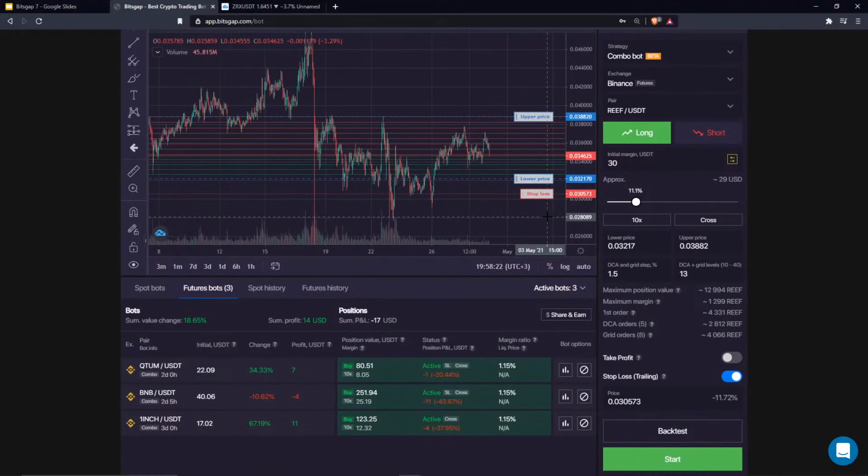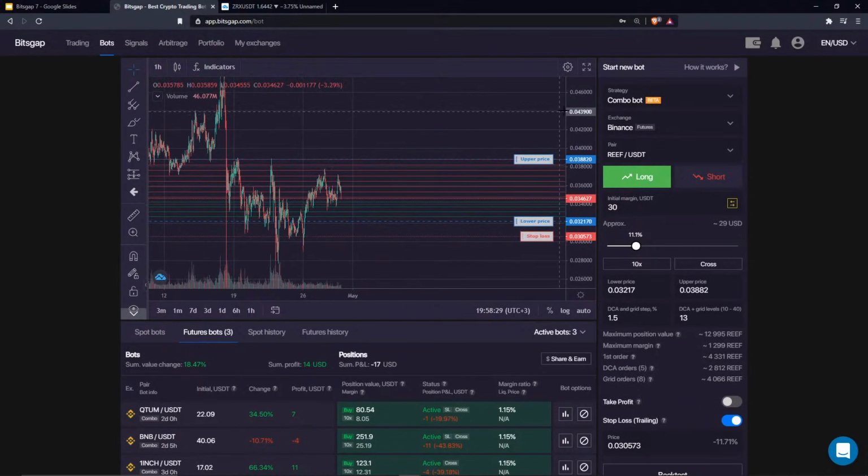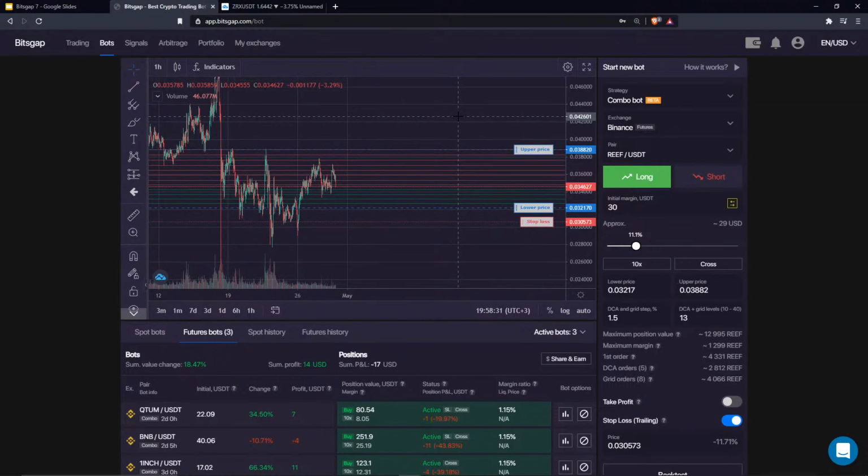But at some point, in the worst case scenario, when all of your bots are in the loss area, the bot won't have enough margin to execute DCA orders. So that's why you should make sure that you allocate an adequate amount of margin per each trade.